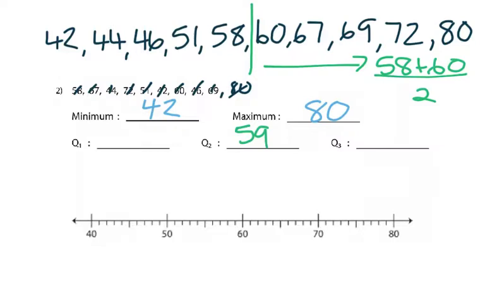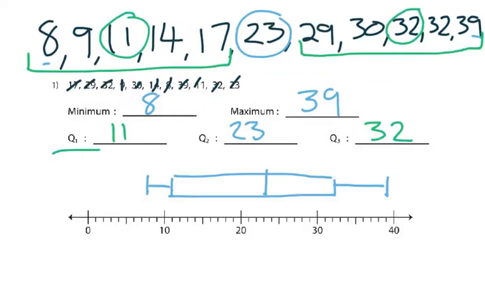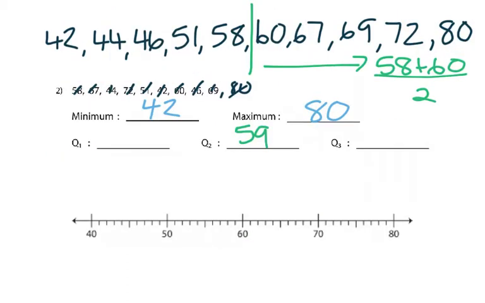Now this one's a little bit different because in the last example, you'll notice I circled the median and we didn't use it to calculate our quartiles. This time, because our median isn't actually one of the data points, we include all of the data points for the lower and upper quartile. So for the lower quartile, we're finding the middle of these numbers, and you can see that is 46.